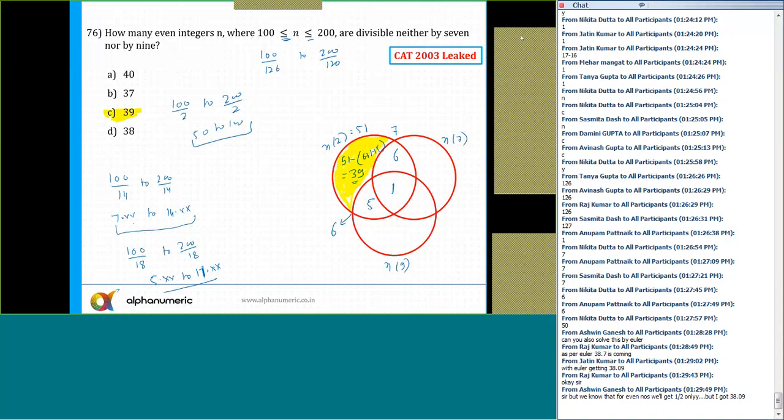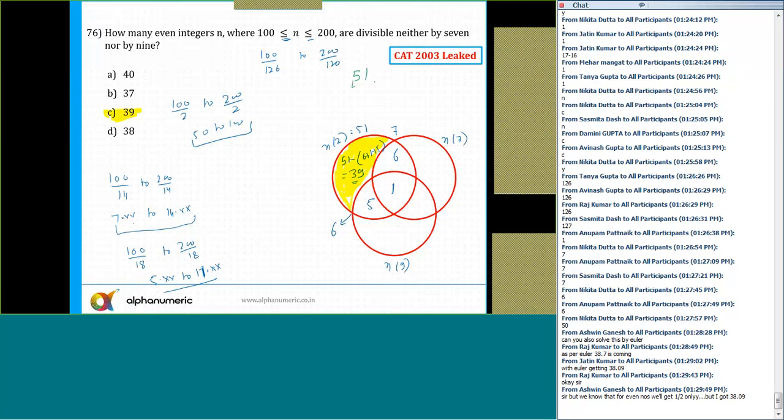Now, the question is how many of them are even. For example, 100 to 200, how many even numbers are there? We can quickly say that there are 51 even numbers. 100 to 200 has 101 numbers, and out of these, 51 numbers are even.